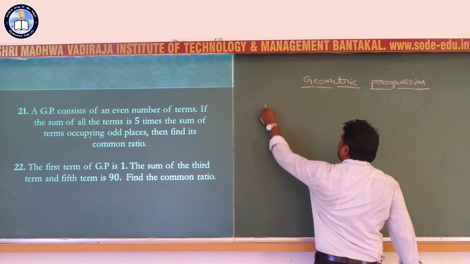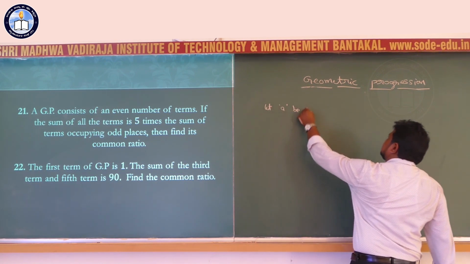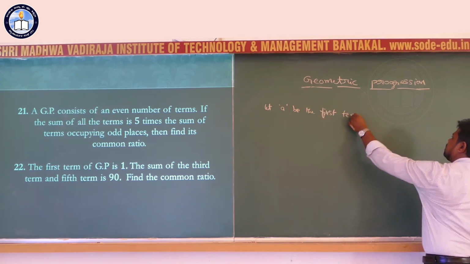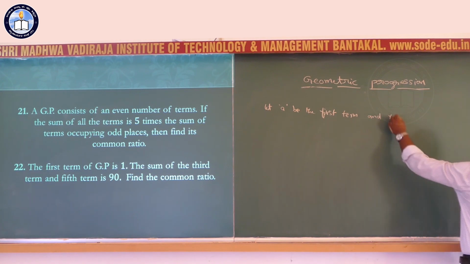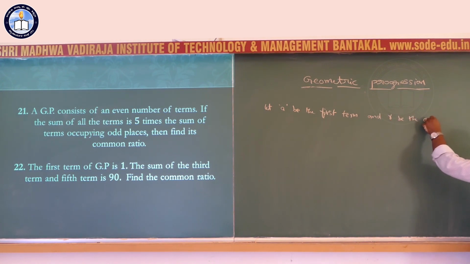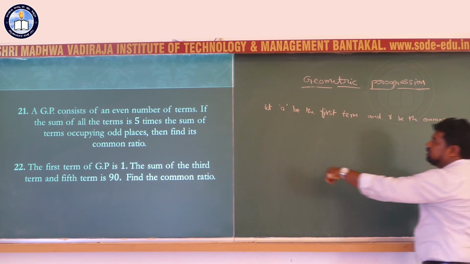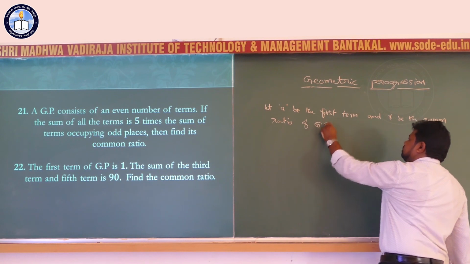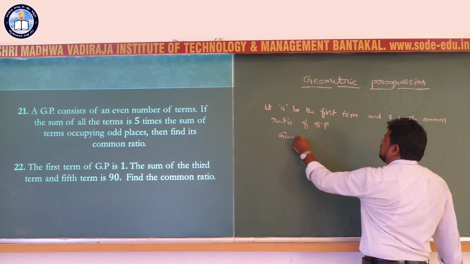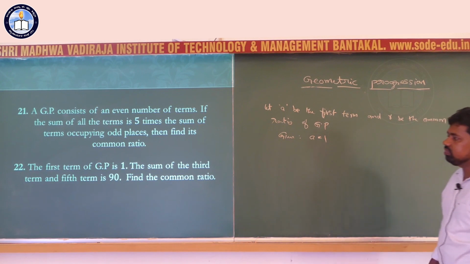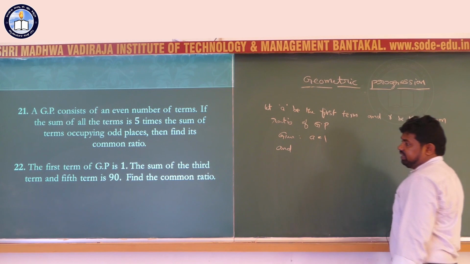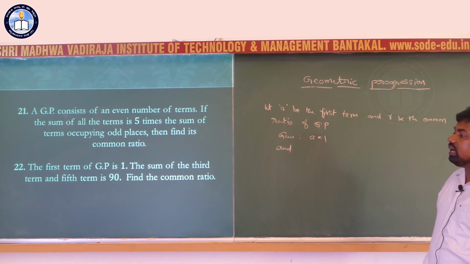Let a be the first term, and r be the common ratio of the geometric progression. Given first term a equal to 1 and sum of the third term and fifth term is 90.